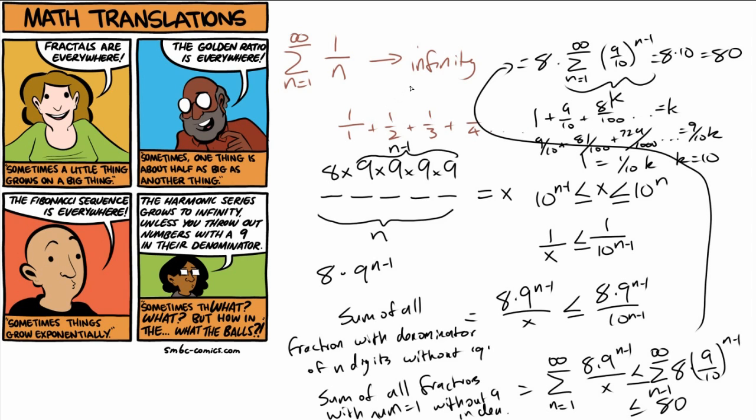You could take out numbers with just 42 in the denominator, and it would still converge. Or 849, that sequence of numbers, you take out all numbers with that sequence of digits in the denominator, and it would still converge. If you take out any numbers with a certain sequence of digits in the denominator from the harmonic series, it will converge, and that's called the Kempner series.